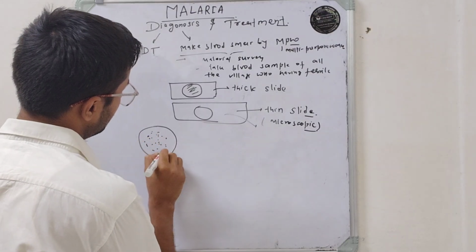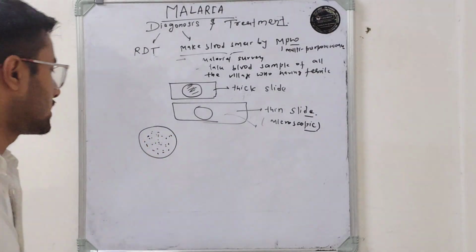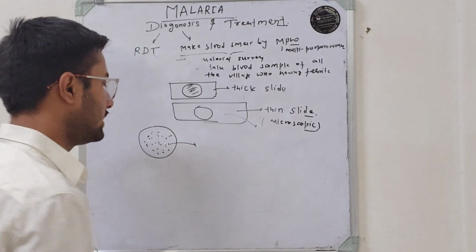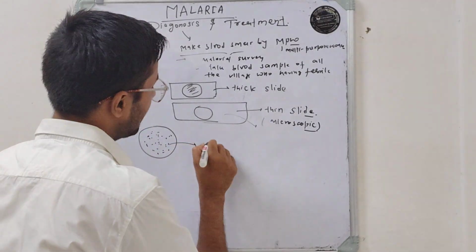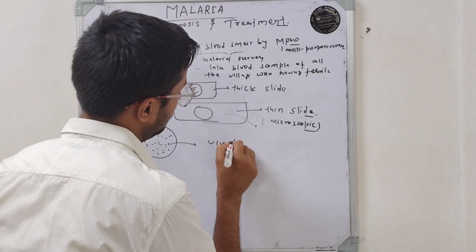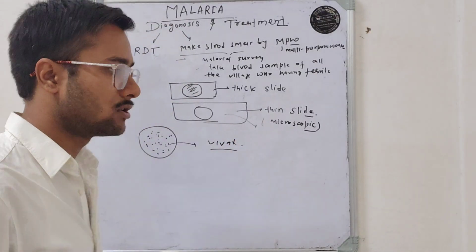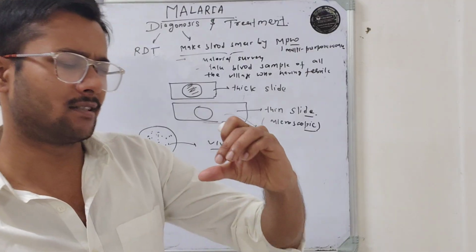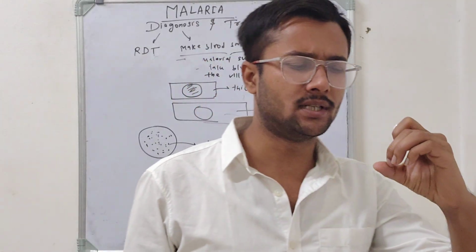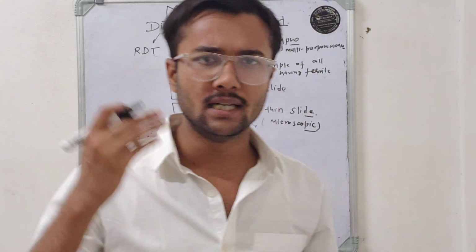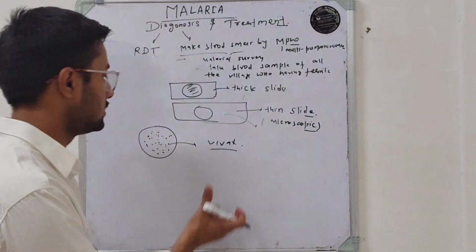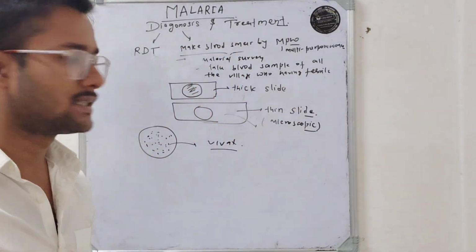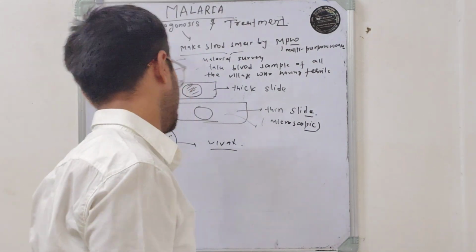If under the microscope they observe some granular appearance inside the RBC, then they conclude that this parasite is Vivax. So if the MPW observes a granular appearance under the microscope, they think the blood sample has a Vivax parasite.